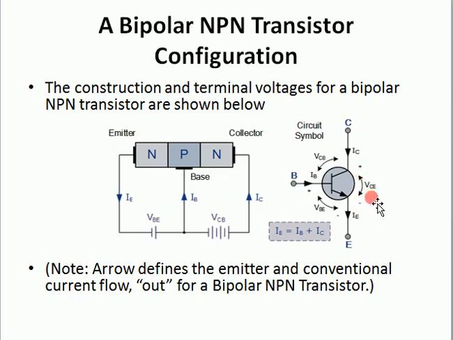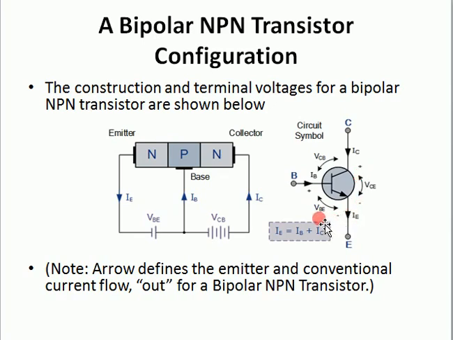In VCE, C comes first and E later, so C is positive and the emitter is negative. That's why there is a positive sign at the collector and a negative sign at the emitter.